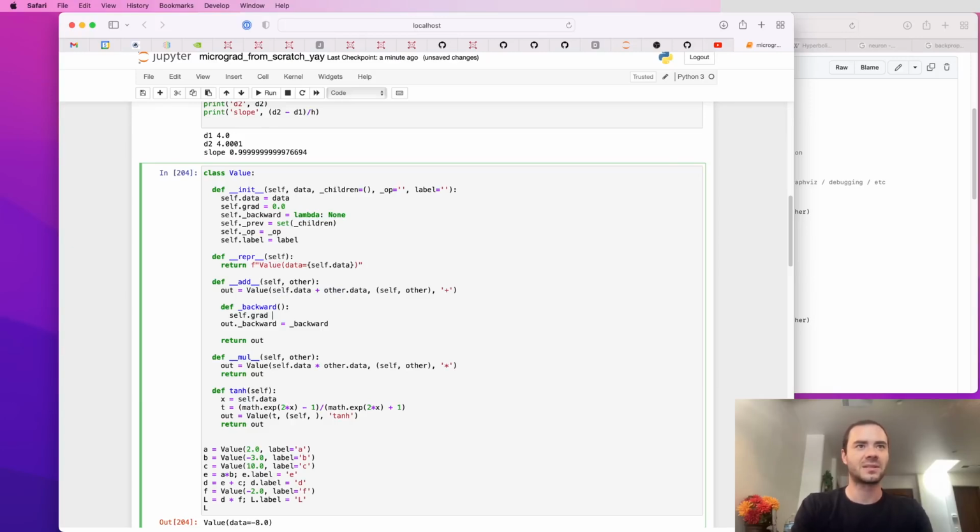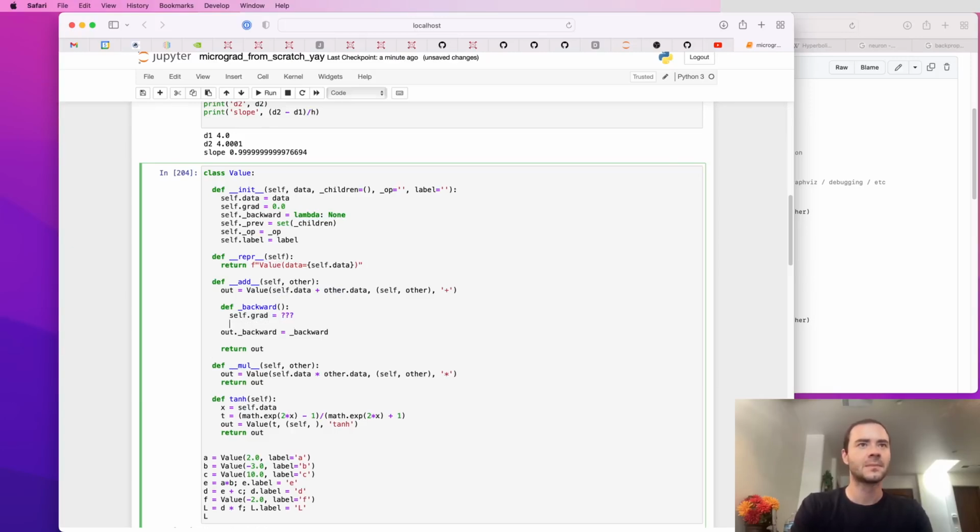So basically we want to set self.grad to something, and we want to set other.grad to something. Okay? And the way we saw below how chain rule works, we want to take the local derivative times the sort of global derivative, I should call it, which is the derivative of the final output of the expression with respect to out.